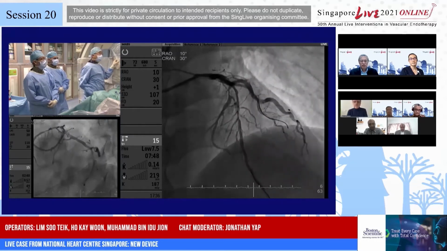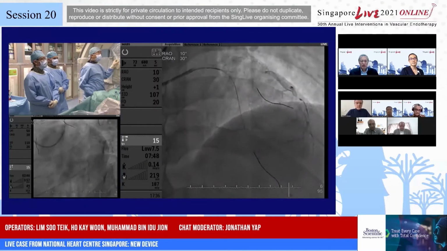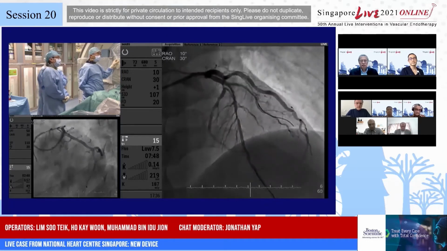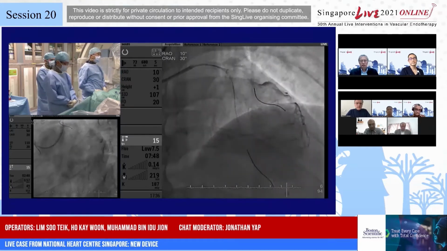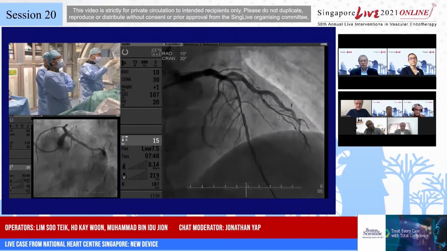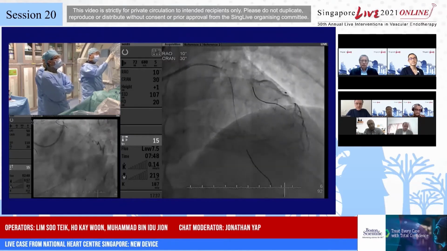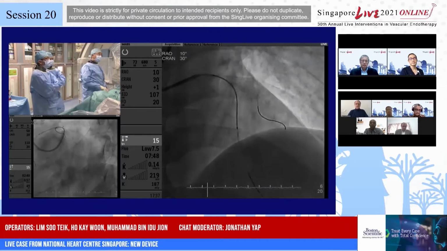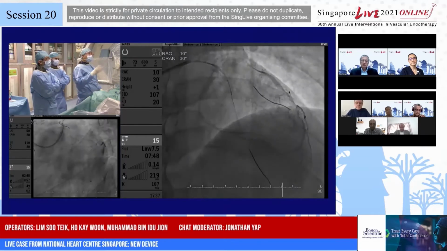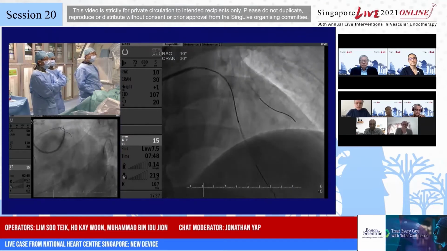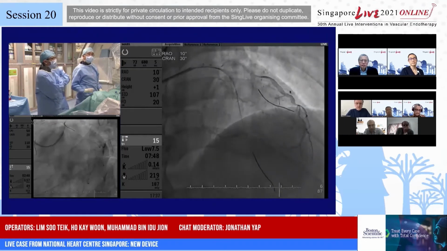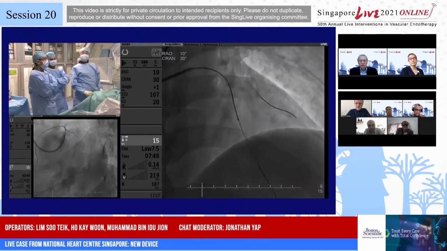So our discussed strategy is to stent from the proximal to the mid LAD, covering that long disease segment, with a tighter segment just above the second and third or fourth septal artery. But then it is close to about 38 millimeters.